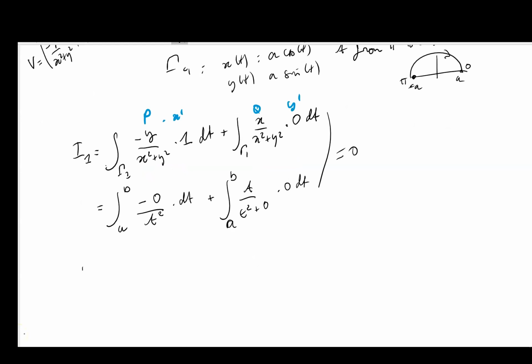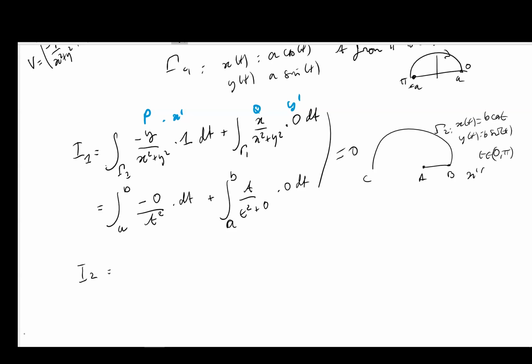Now let's compute the second part of this line integral. We went from point A to point B. Now let's take the outer circle to go from point B to point C. This gamma 2 curve is described by x of t equal to b cos t, and y of t is b sine of t, and t goes from 0 to pi.